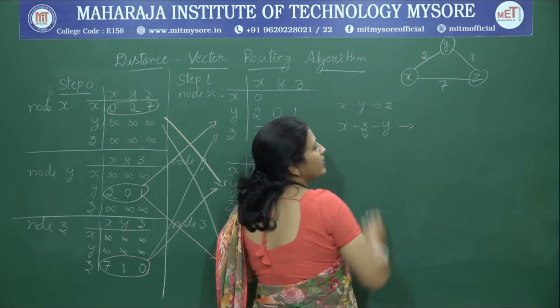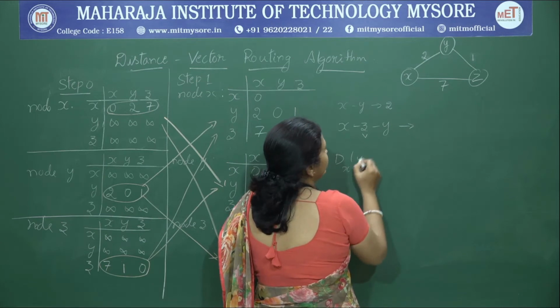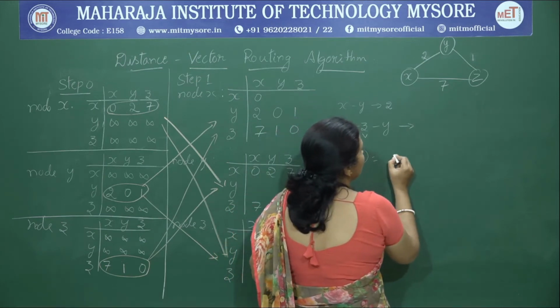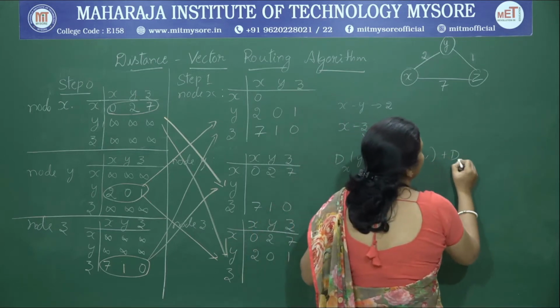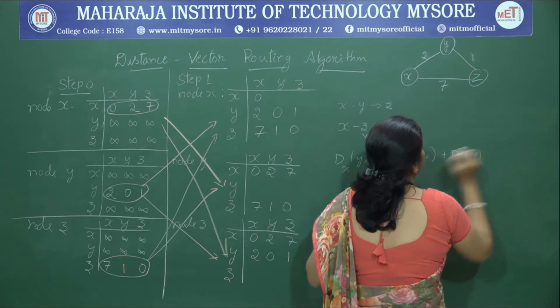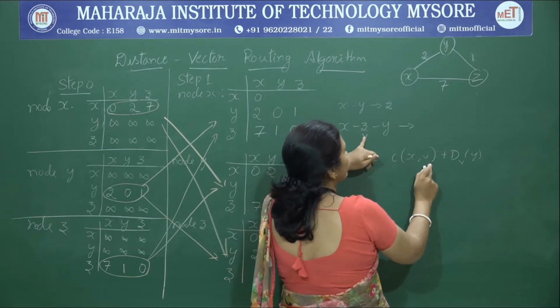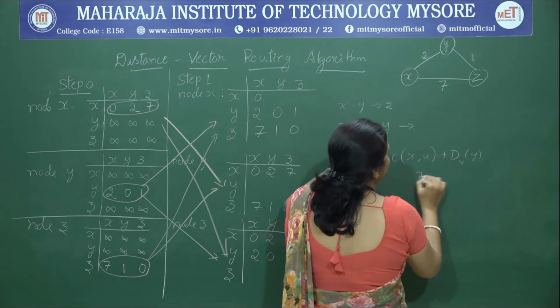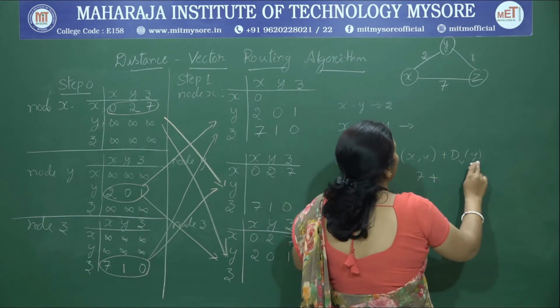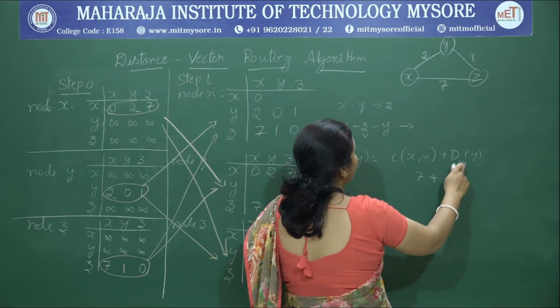If we consider this as v, then d x of y is equal to c of x v plus d v of y. In that case, c of x z is 7, plus d v of y, which means d z to y.